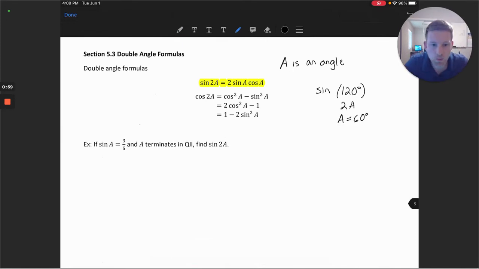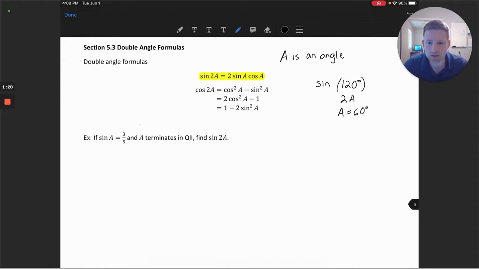Since 120 is double that angle, we can simply use a 60-degree angle in the sine and cosine functions to solve for that overall sine of 120. So let's take a look at how we can use that sine function right away with the first example, and then we'll look at the cosine representations in the next example.